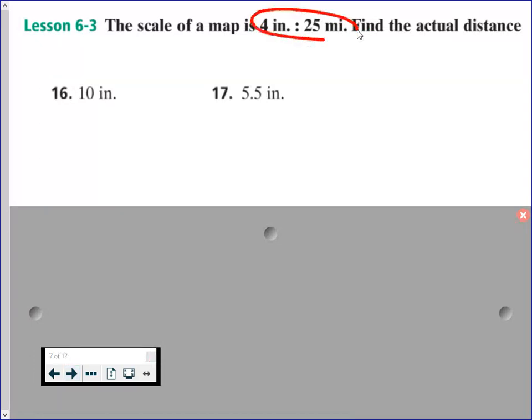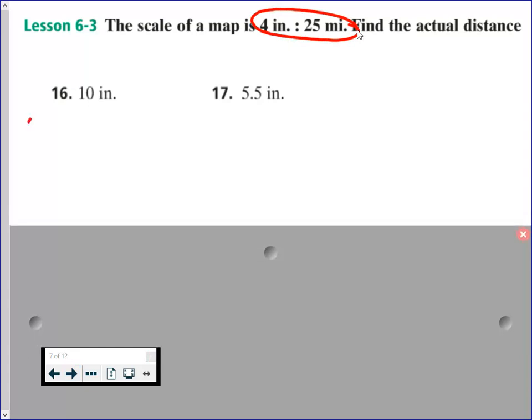New ratio, 4 inches, 25 miles. Match the labels.